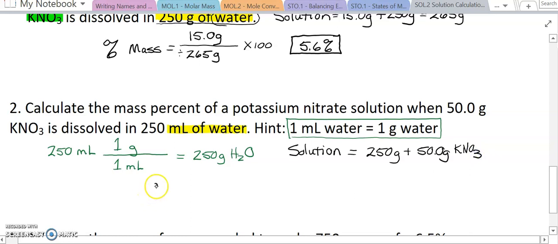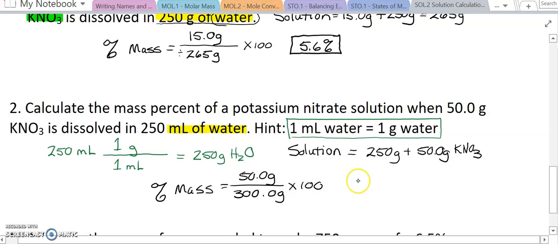So when I take a look at my percent by mass, this is going to be the 50 grams on top divided by the 300 grams on the bottom, and I take that times 100, and this is going to come out to be 16.7% when I put this into my calculator.